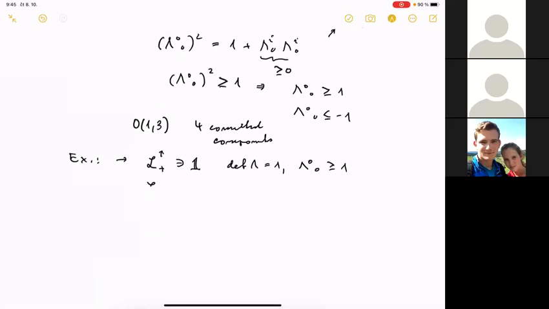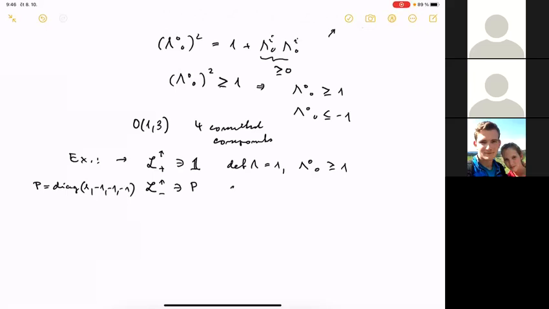The second component doesn't correspond to any subgroup, but it includes the so-called parity operator or space inversion operator. This space inversion operator is a diagonal matrix of the form 1, -1, -1, -1.